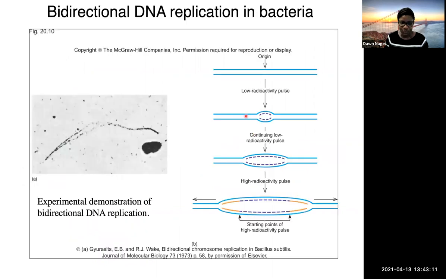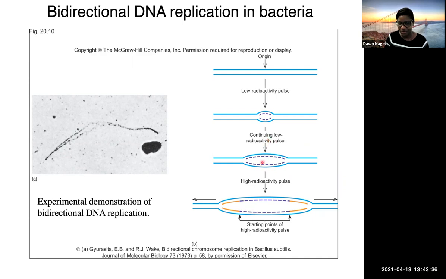This was really shown by the image which I showed you, where they demonstrated that DNA replication is bidirectional, right? You have these two replication forks here. The minute that bubble, or that origin of replication, separates, the DNA gets incorporated with a very low pulse of radioactivity, right?